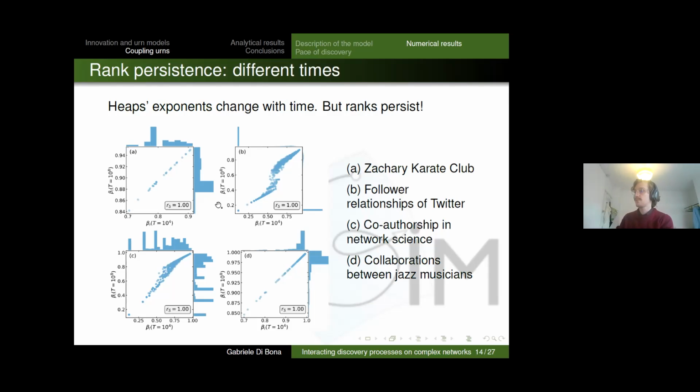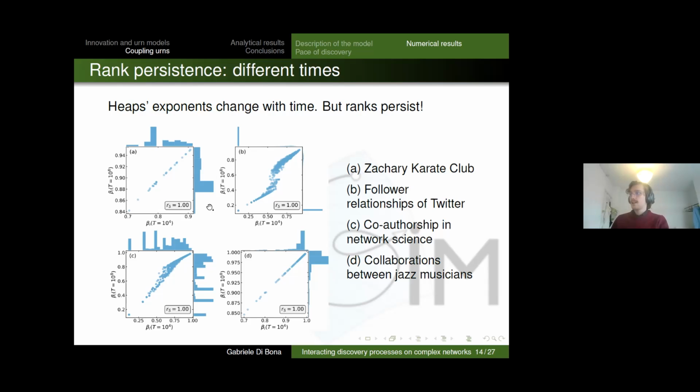For example, here we studied the correlation between the Heaps exponent simulated at time 10 to the power 4 on the x-axis, and on the y-axis at time 10 to the power 8. The numbers are different, so the distributions are different in all the cases. These are 4 networks.